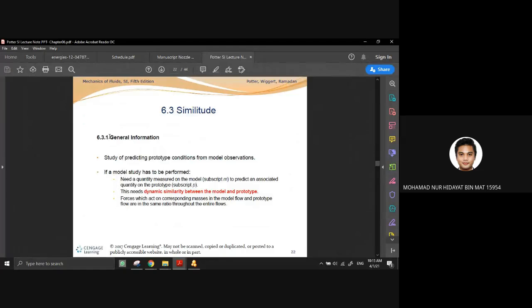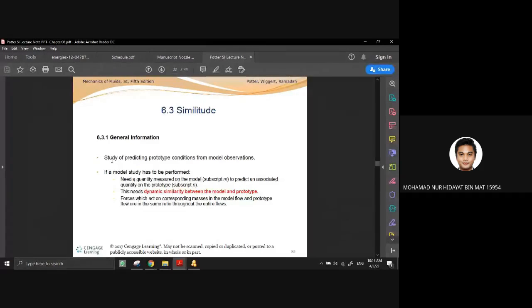So this is where you learn about similitude, to predict the prototype condition from the model observation. For example, if you want to investigate a prototype from the model, say you want to create a car or an airplane, first, before you create the huge airplane, you must draw in the CAD tool.